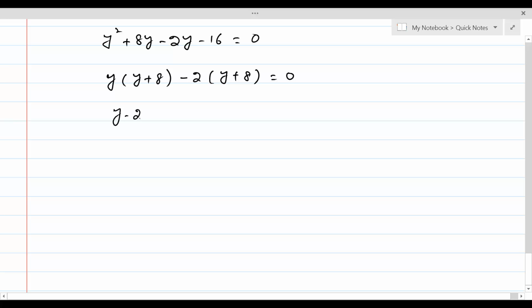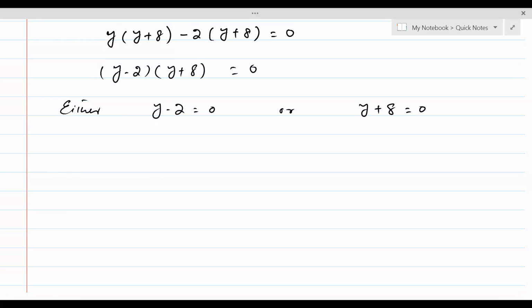So y minus 2 into y plus 8 equal to 0. So either y minus 2 is equal to 0 or y plus 8 is equal to 0. If y minus 2 is equal to 0, then y is equal to 2, and on this side y is equal to minus 8.